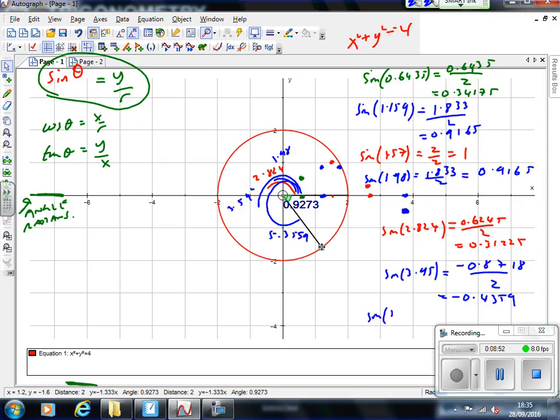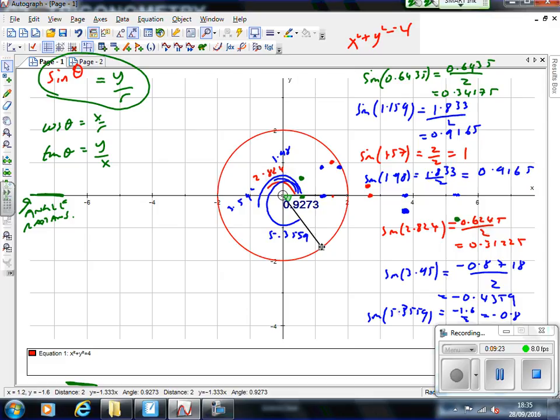So sine of 5.3559 is that y coordinate, which we know is minus 1.6 divided by 2, is minus 0.8. So 5.3 is about there, and our y coordinate was minus 0.8, which is about there.